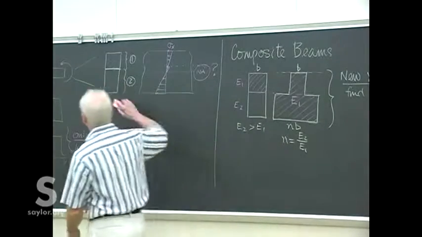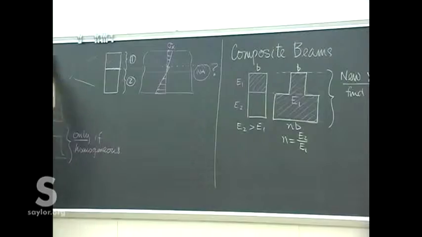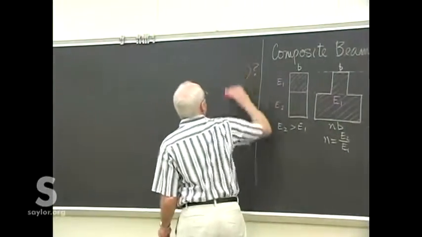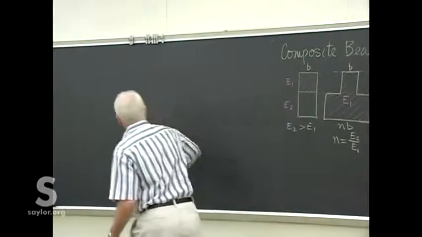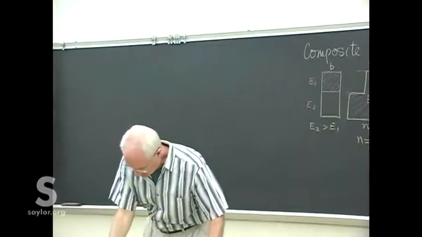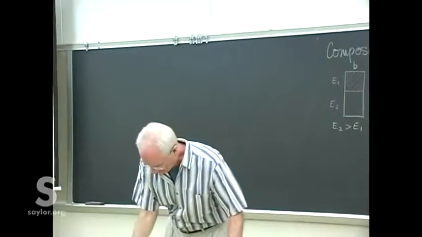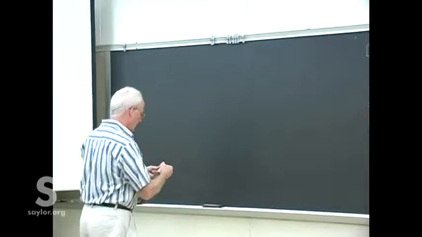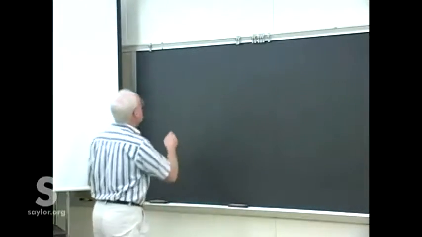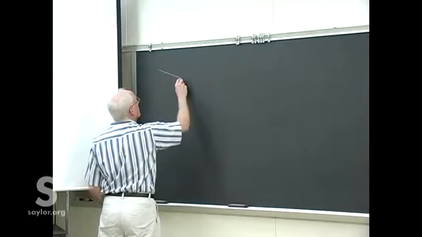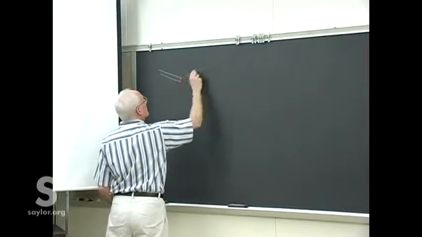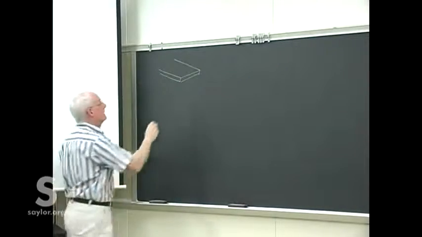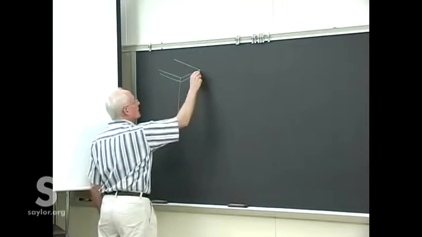We'll do a problem. We'll step through it. That sometimes is an easier way to do it. So we'll actually go through this. All right, so let's imagine we have a beam that's got an aluminum plate on the top and wood on the bottom.